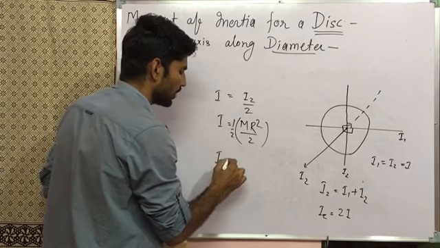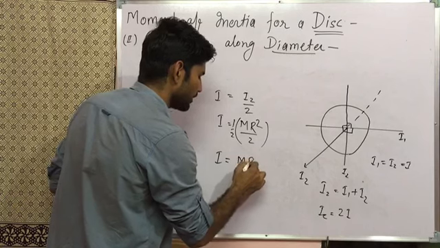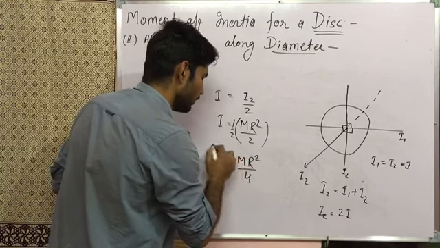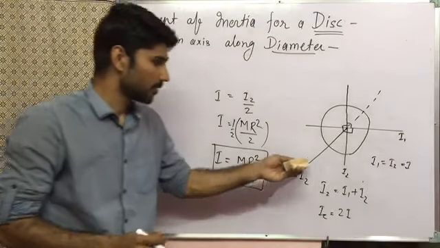So the moment of inertia about an axis along the diameter will be MR square upon 4, just half of the moment of inertia about this axis.